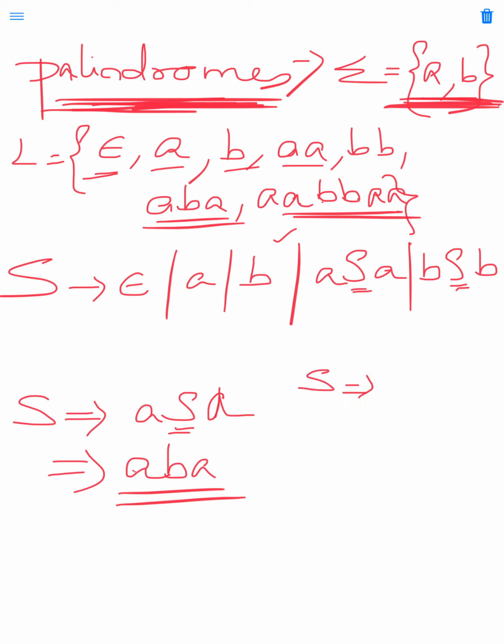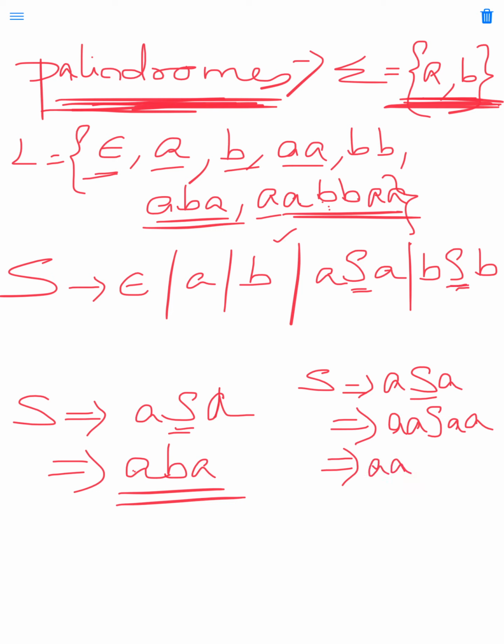First you have to use A. So A S A. Then again A S A you can use. So A S A. Then the third symbol is B, isn't it? So which production do you have to use? B S B you have to use.